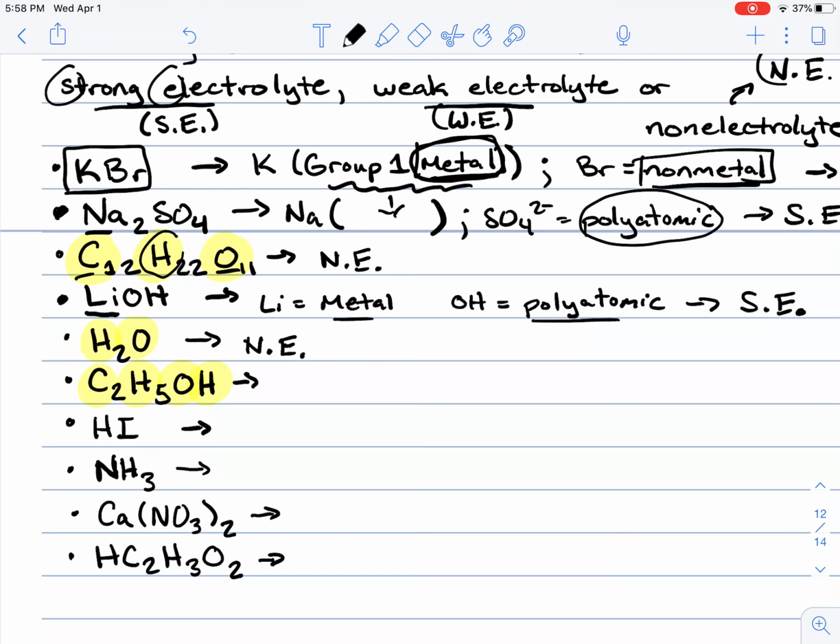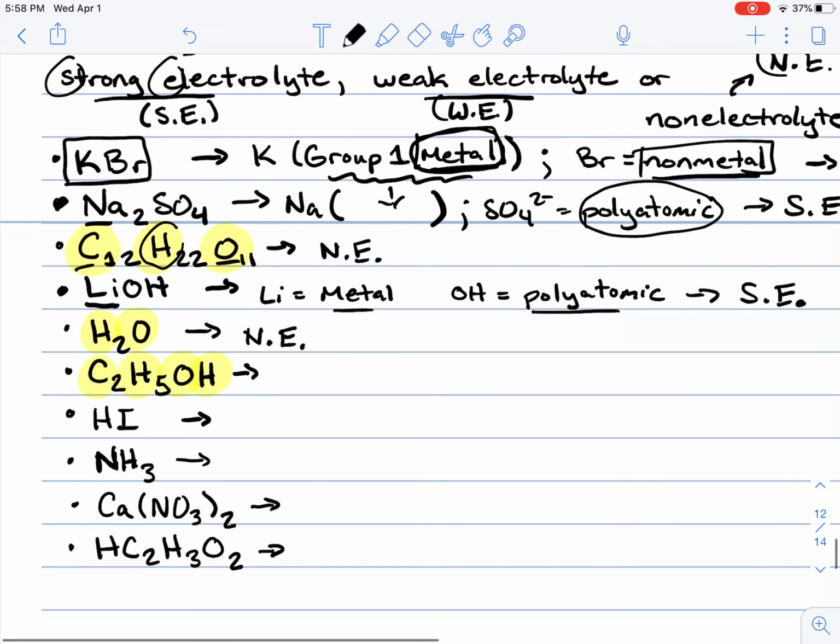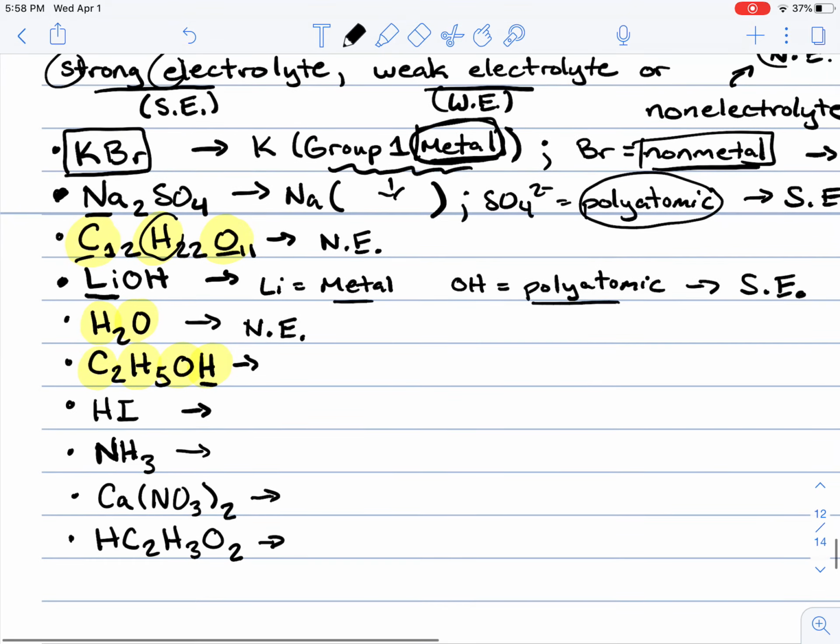Notice that all elements are found either on the right side of the staircase in the periodic table, indicating that they are nonmetals, or in that top left corner because it's hydrogen. Since we have hydrogens and oxygens and carbons, all of them are nonmetals, and therefore this is going to be a non-electrolyte.